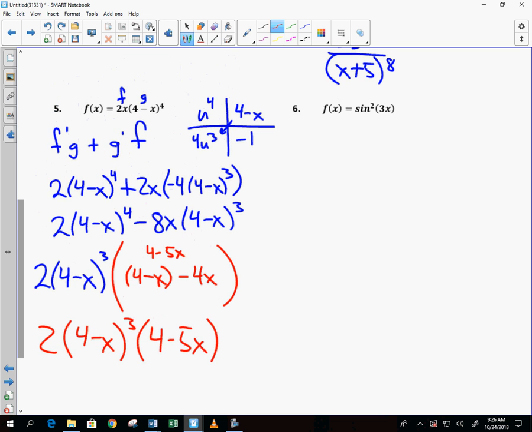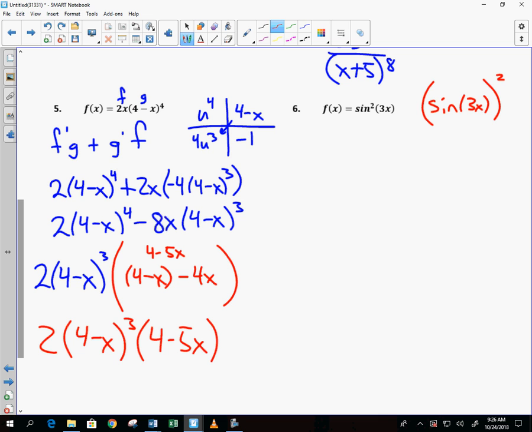Sine squared of 3x. Uh-oh. This one's tough. Remember that this is sine of 3x quantity squared. That's what that means, right? So if you look at this, we would first take 3 and multiply it by x.